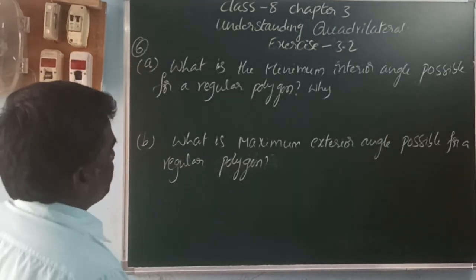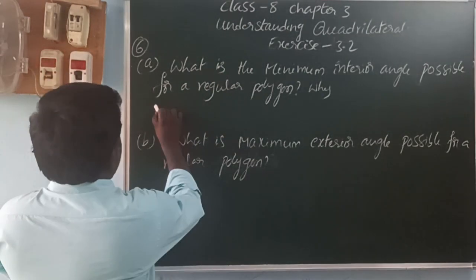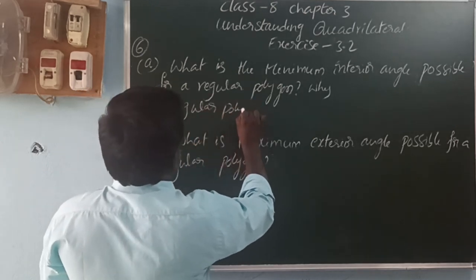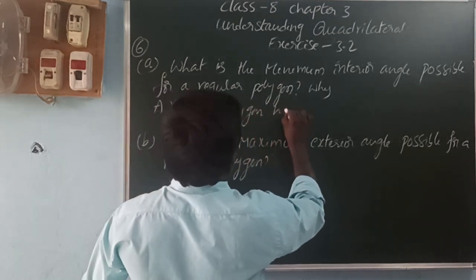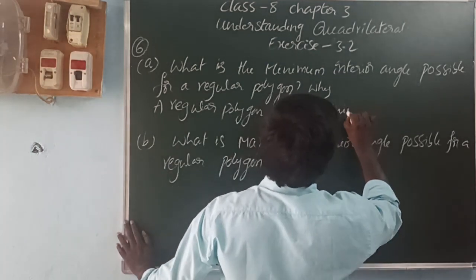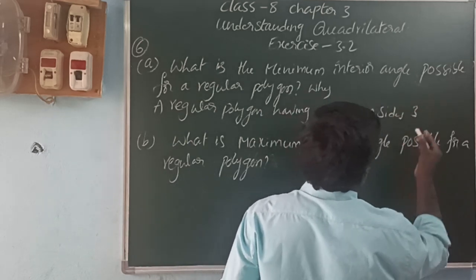What is the minimum interior angle possible for a regular polygon? A regular polygon having the minimum number of sides has 3 sides.